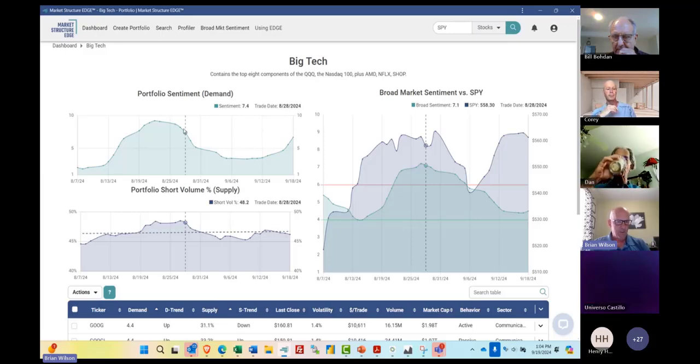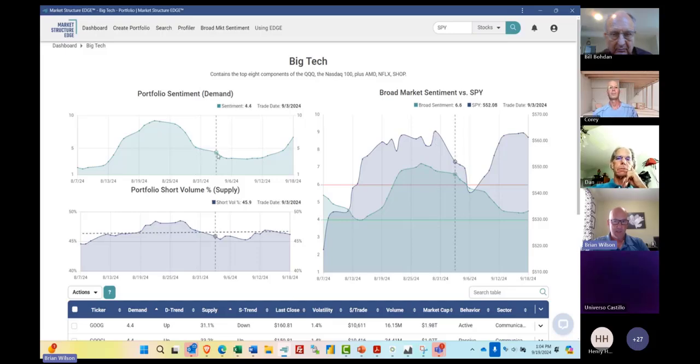You've heard that expression before. If sentiment is falling in big tech, that's not a good time to pick up big tech, and we know how much big tech influences the market. That's not a good time to be going long the market.